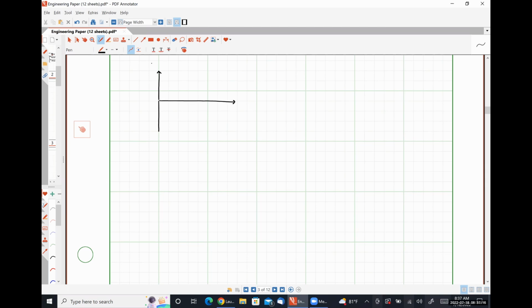And just for the sake of argument, I'm going to say that this is a current waveform. Here's our signal.